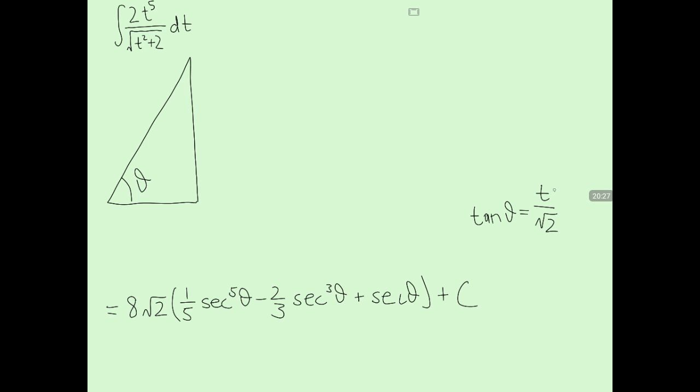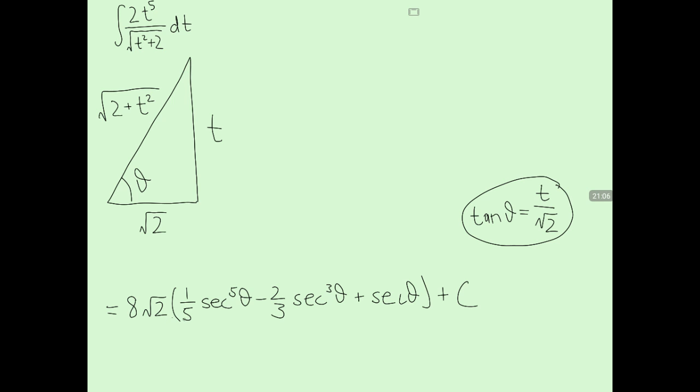Well, opposite is going to be t. So we have our t here. And our adjacent is going to be the square root of 2. So from this tangent theta equals t over root 2, we have this triangle. And by the Pythagorean theorem, we can solve for the hypotenuse, which is the square root of a squared plus b squared. So it's the square root of 2 plus t squared.